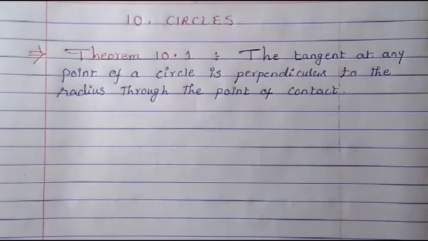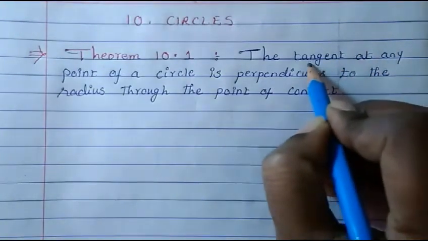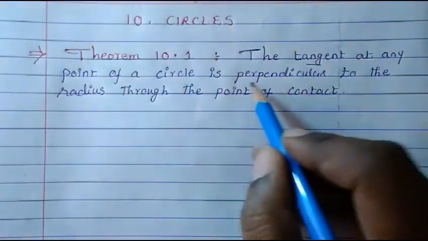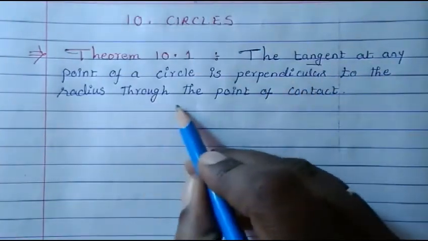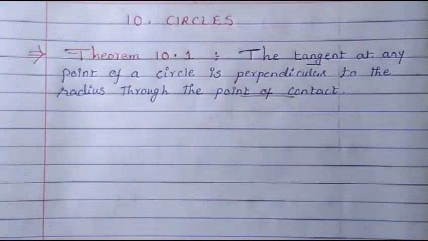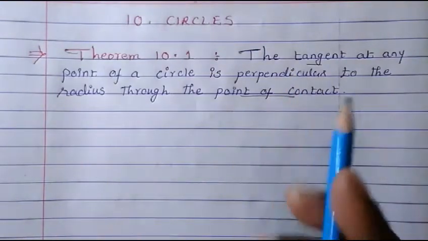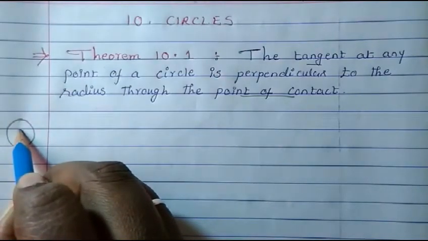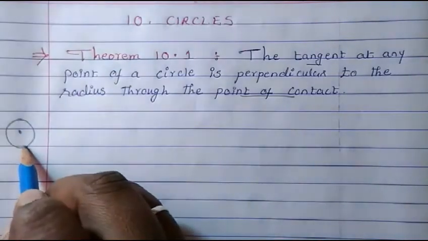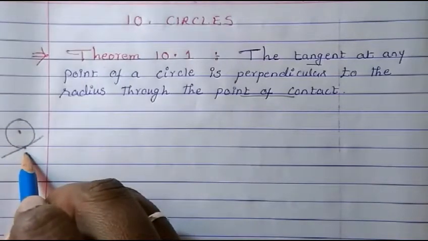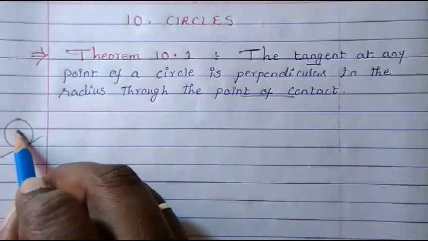I have already explained to you in the introduction part what a tangent is, and also perpendicular, radius, and point of contact. Tangent means there is a circle with a center, and a line passing through the circle at exactly one point; we call it a tangent.